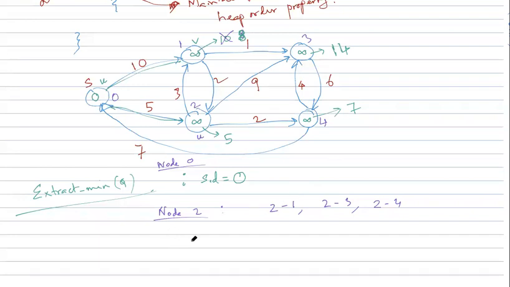Then with that, you can see which is the minimum one to be picked next from the queue. Now node 2 has been processed, so node 2 has been removed out of the picture. This is where the greediness is coming in: you have already processed it, so you're just going to the next possibilities.